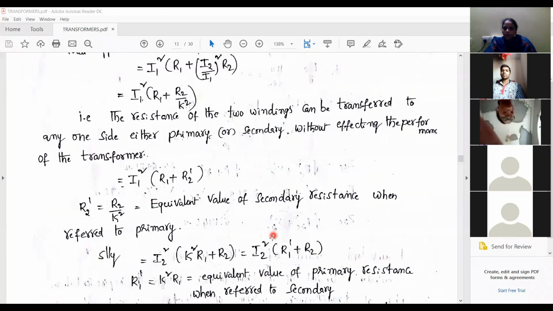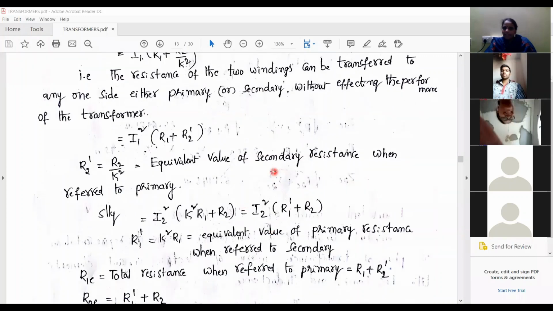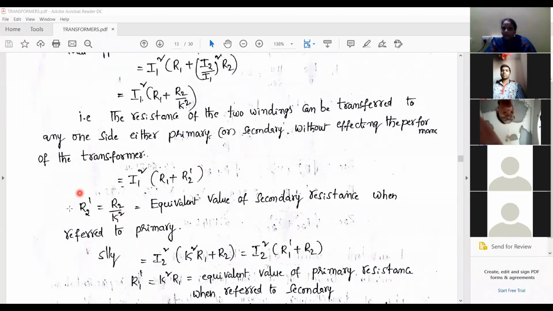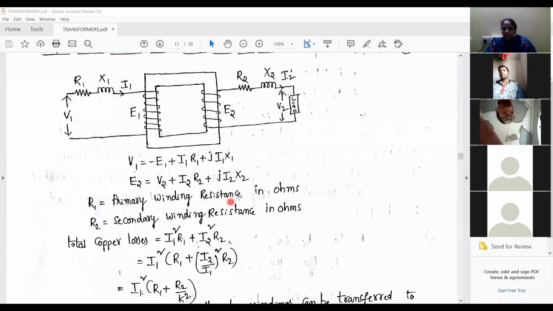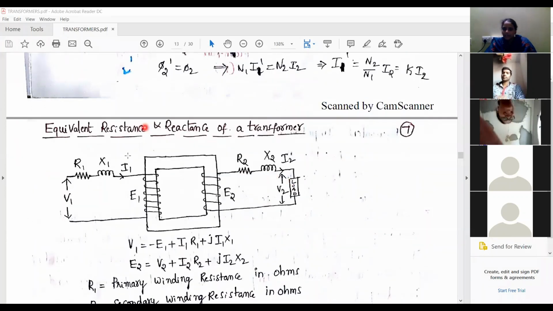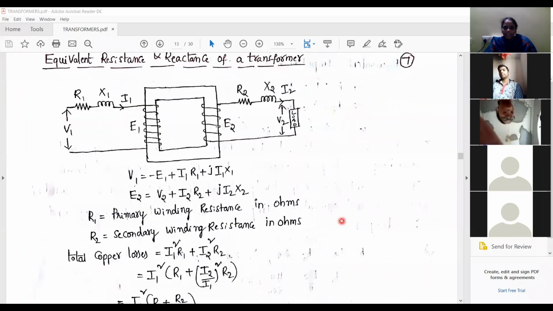Whenever you transfer secondary parameters to the primary, you divide by K square. Is it clear?